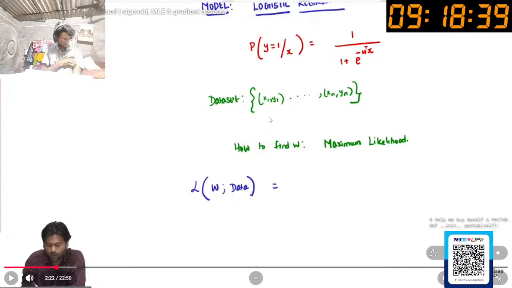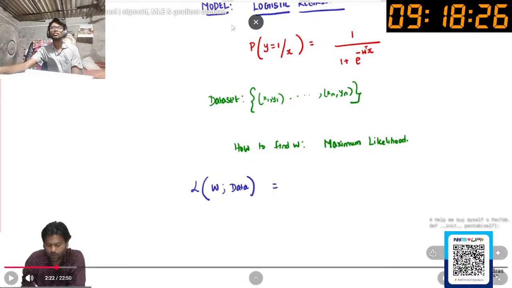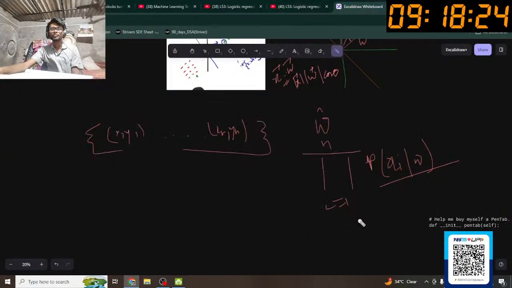The value of the likelihood will depend upon these two things: one is part of the data set, and the other is the parameter. So it is a function of w and the data set itself.